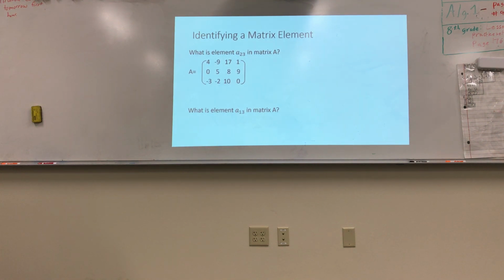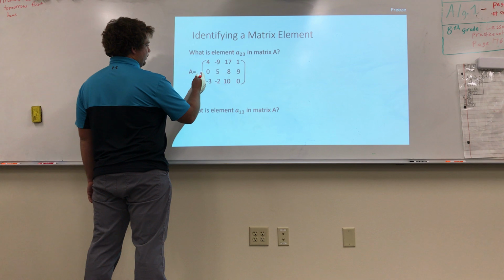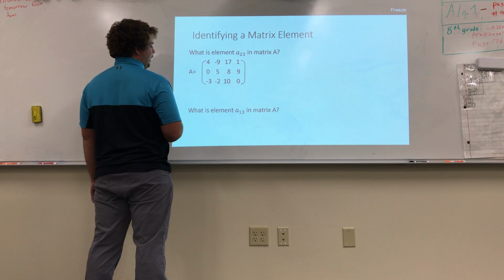The second number there, which is the 3, would tell you what column they're in. So, that being said, what would A23 be? Well, over 2, and then row 2, so we're in this row, over 3, it'd be 8.